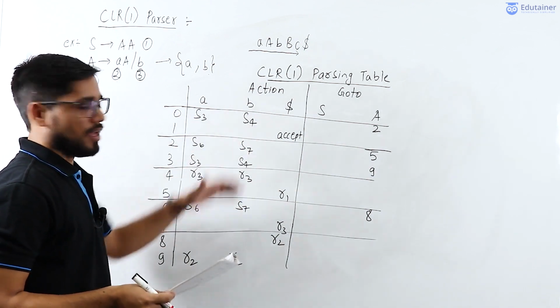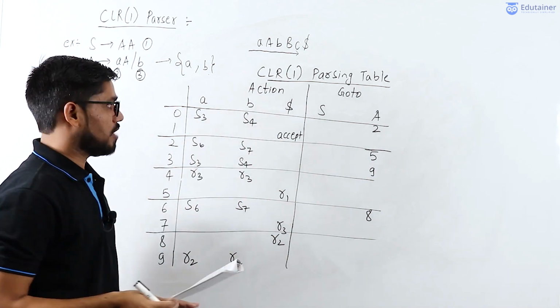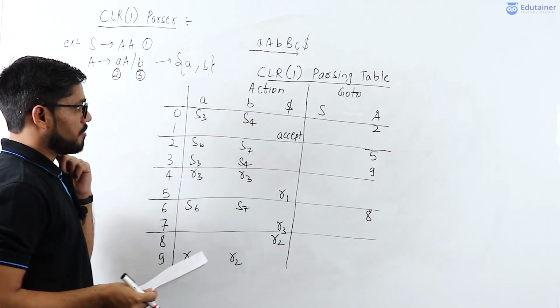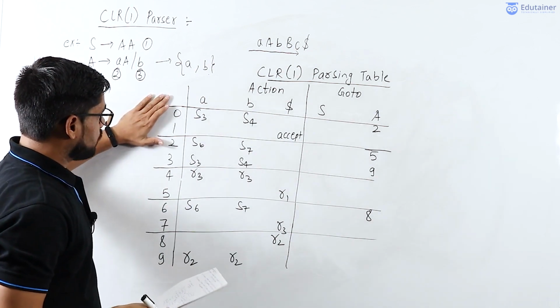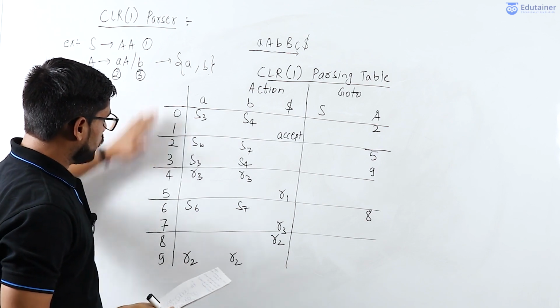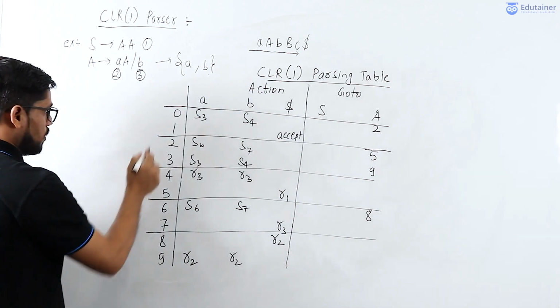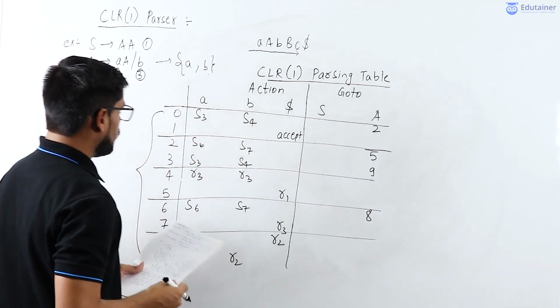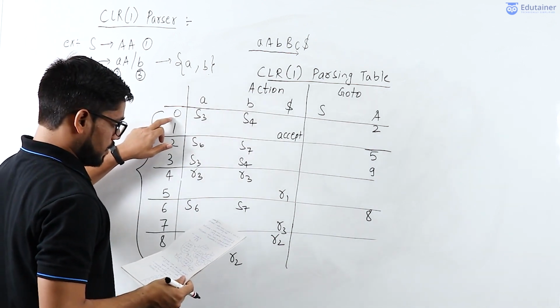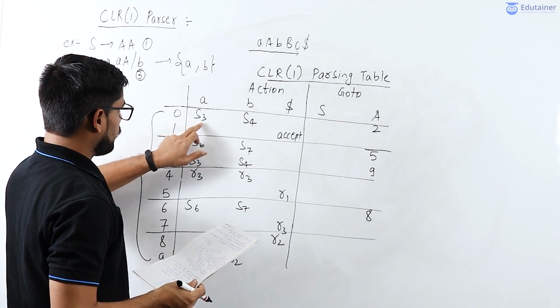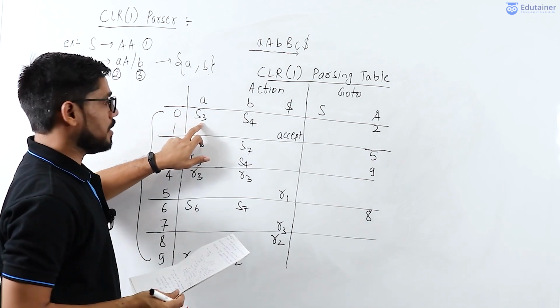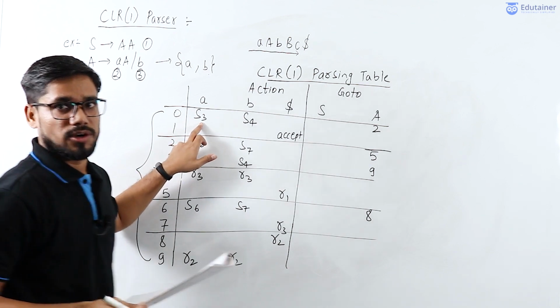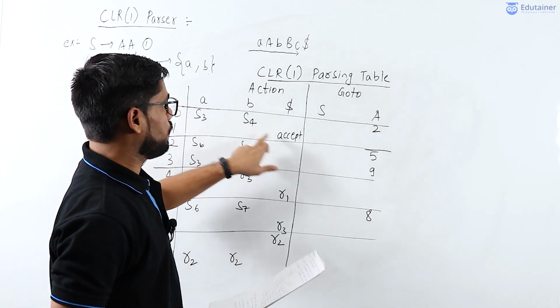Just before this I have drawn the canonical collection of LR1 items for this grammar, so you can refer to it. So the CLR1 parsing table will look like this. There are total 10 states, 0 to 9, and state number 0, I0 on small a will go to state number 3, and it is a terminal, so it is definitely a shift move, S3 and S4.